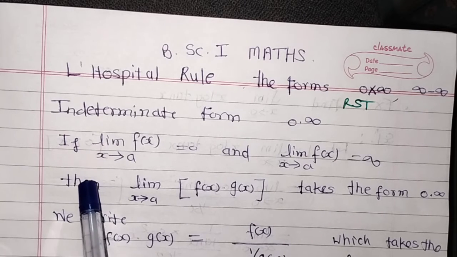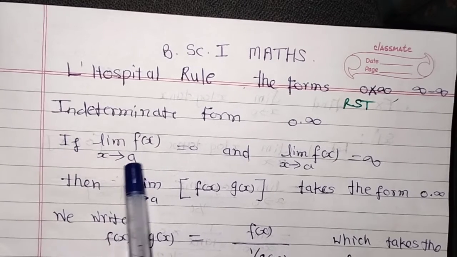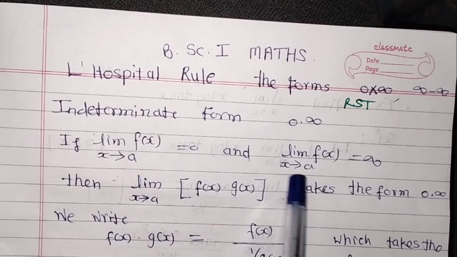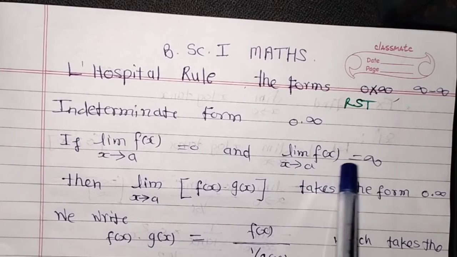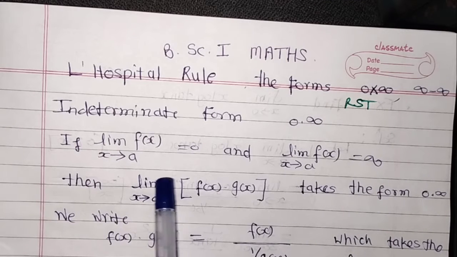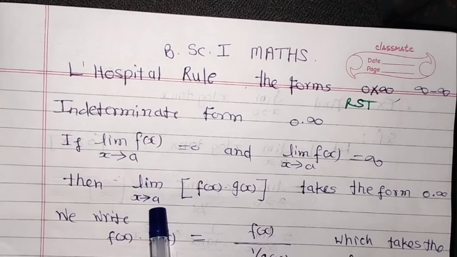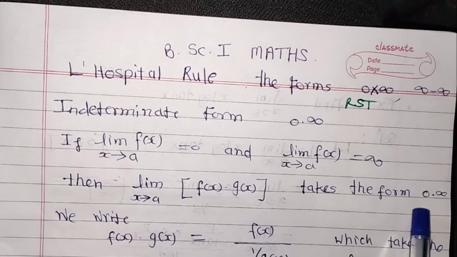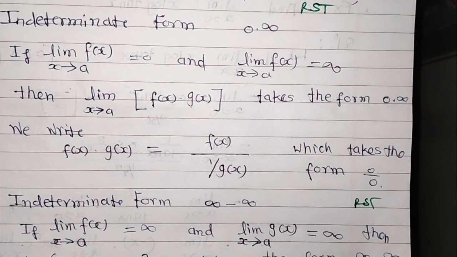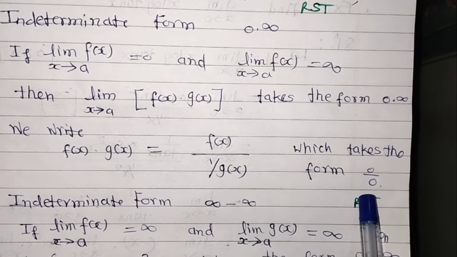If limit of f(x) as x tends to a equals 0 and limit of g(x) as x tends to a equals infinity, then limit of f(x) into g(x) as x tends to a takes the form 0 into infinity. We write f(x) into g(x) equal to f(x) upon 1 upon g(x), which takes the form 0 upon 0.